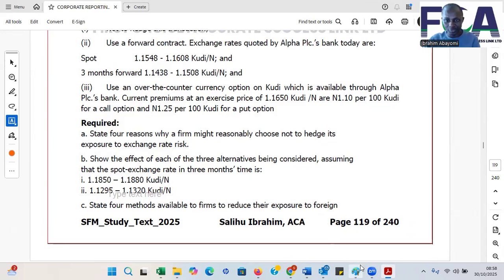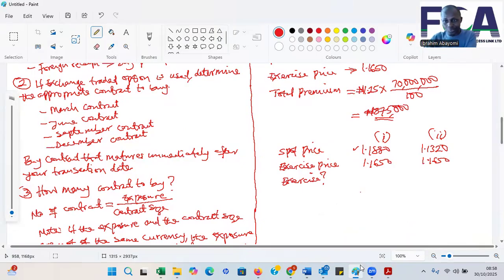If this is confusing, what you can do is just convert it to a direct quote. Here, the interpretation is we have agreed that if I give the bank 1.1650 kudi, I will collect one naira.